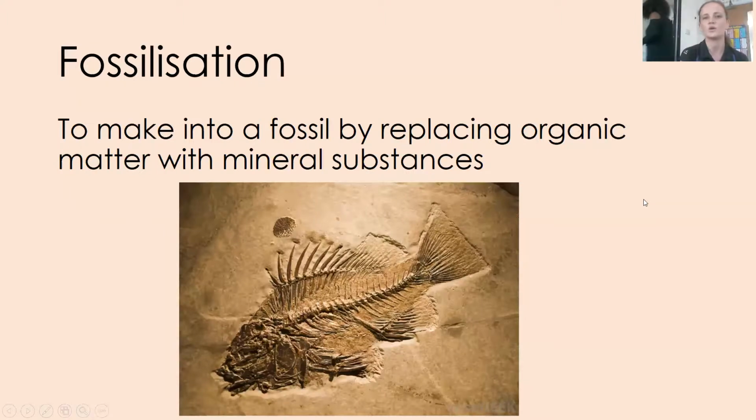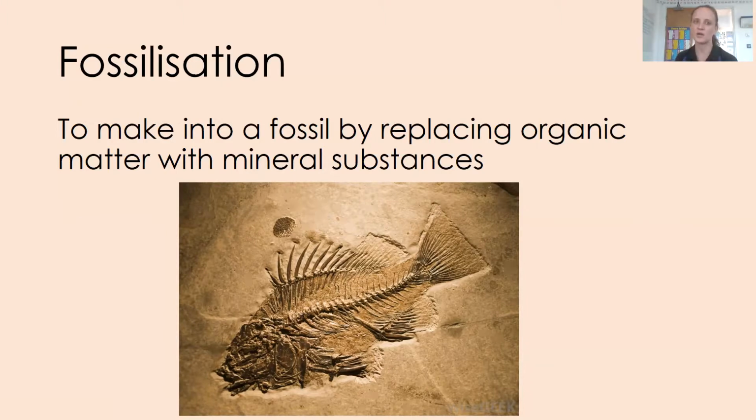Our last word is the word fossilization. Fossilization is what happens to the plant or the animal once it dies. It is the process that then leaves behind the fossil, to make into a fossil by replacing the organic matter with material substances.